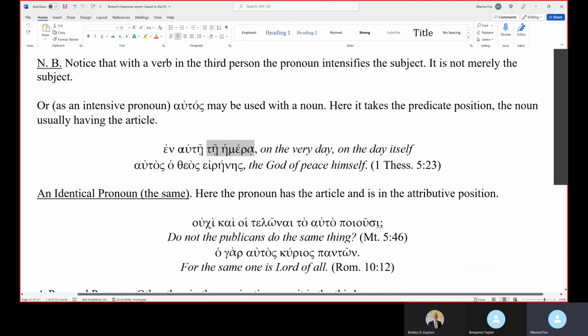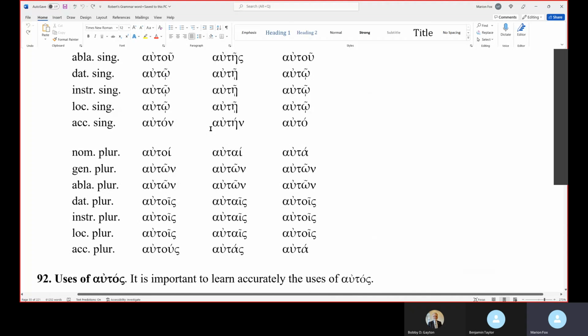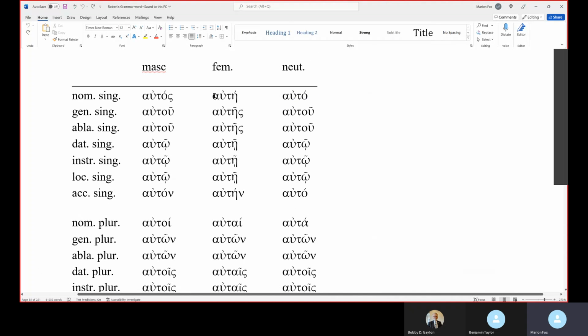And so right here, aute, and notice the iota subscript. So that's dative instrumental locative form. And of course, it also has a circumflex. I'll go back up here and show you. It doesn't have a circumflex in the nominative form. Does that make sense? See the difference?